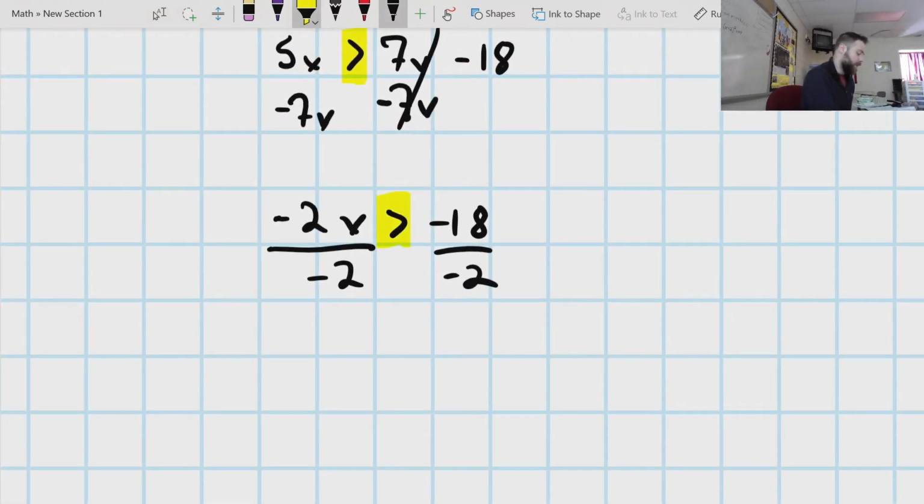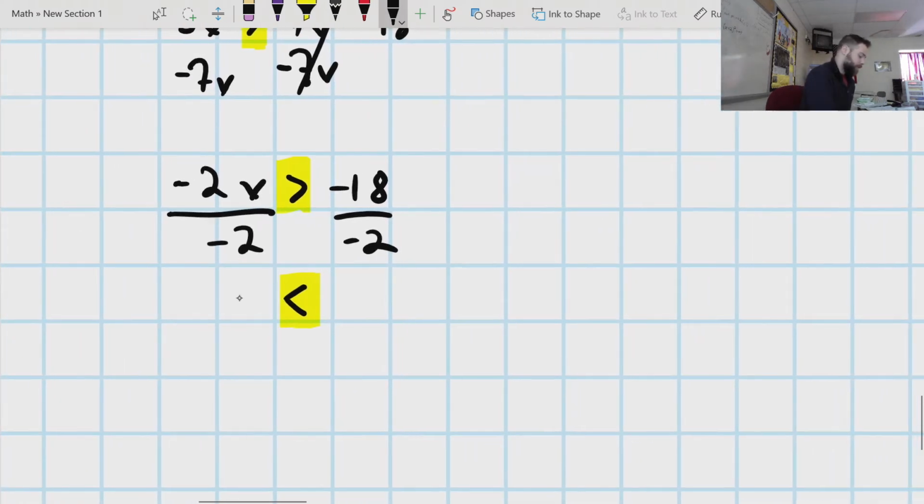So that inequality now flips, and it flips from greater than to less than, not greater than to greater than or equal to. It does not add a bar. All it does is change the direction, okay? Changes the direction of your arrow, if you will. So I've got v is less than 9.